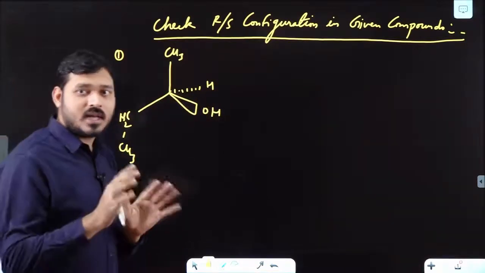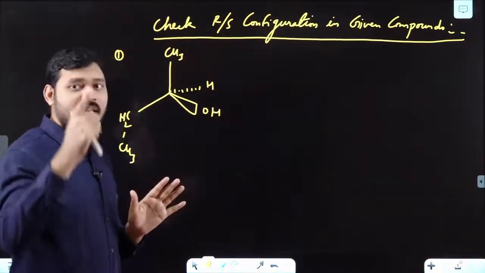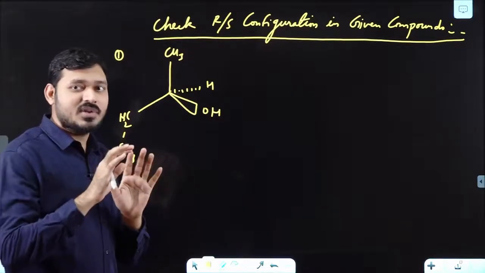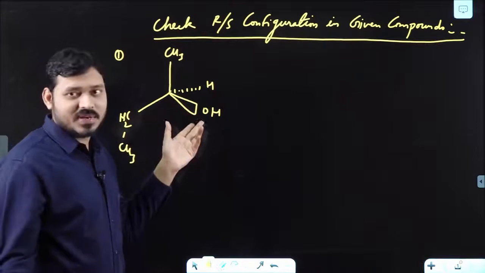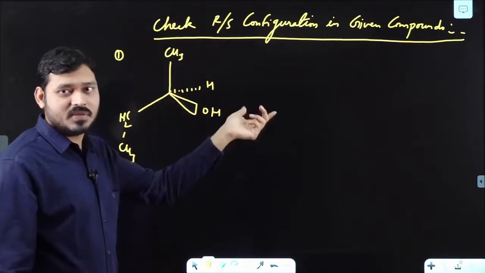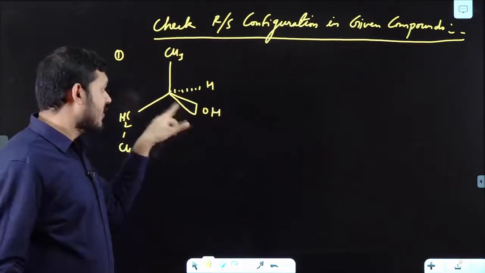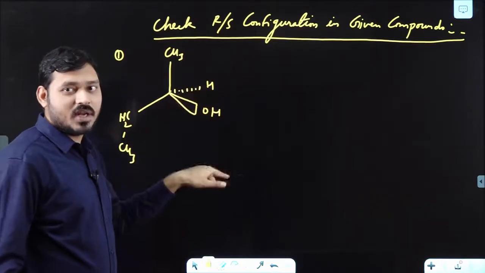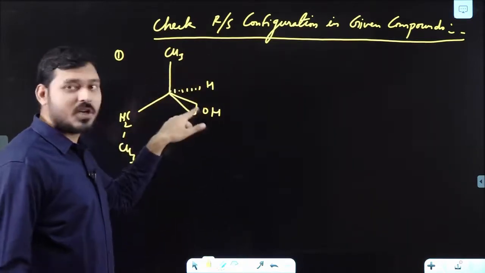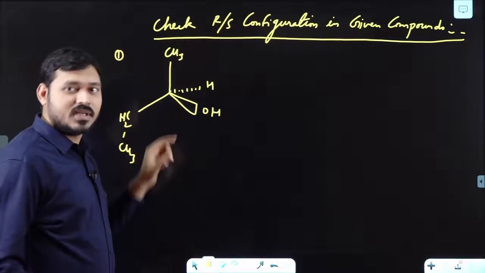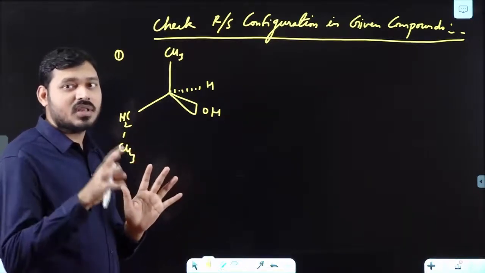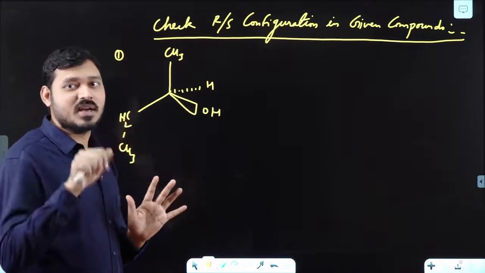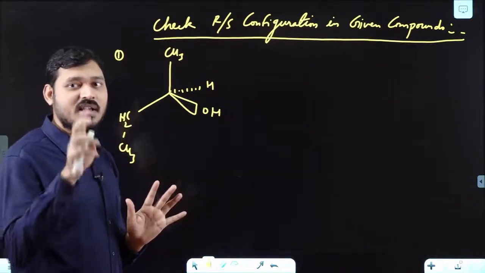Now here, as I have told earlier, if you have one chiral center, it is not at all a problematic case. Why? You can simply find out RS configuration, you can convert it in Fisher form as well using the earlier concept, wedge at the top, dash at the bottom, and the remaining 2 with respect to wedge, anti-clockwise or clockwise. That is one way, but I am dealing here with 2 or 3 such wedge dash forms in a single compound, 3 or 4 chiral centers having wedge dash.